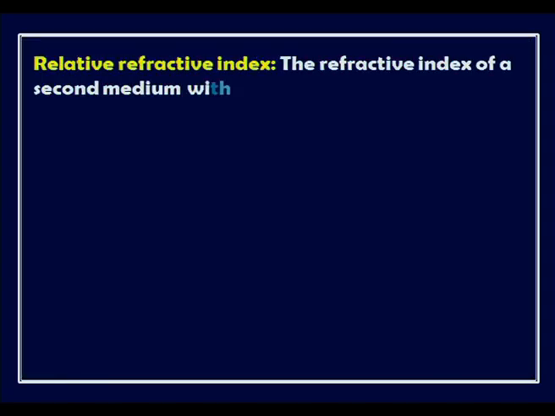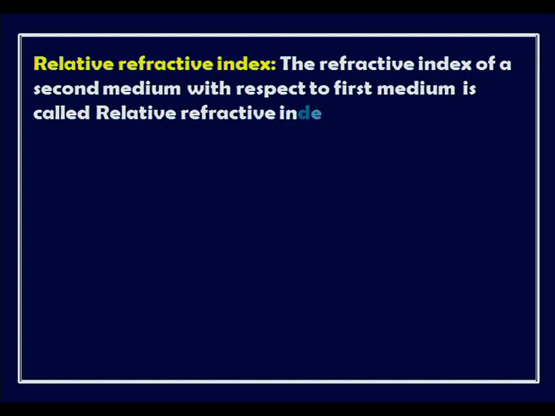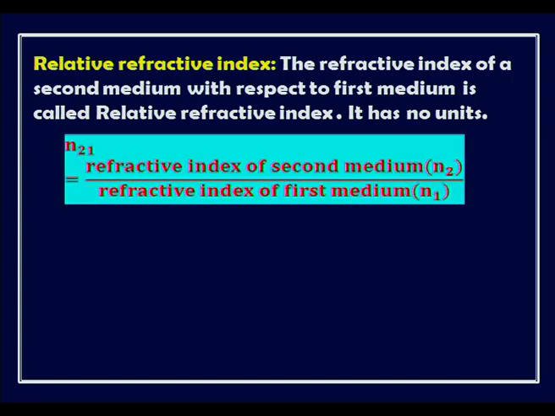Now, we will see relative refractive index. The refractive index of a second medium with respect to the first medium is called relative refractive index. Relative refractive index has no units. Relative refractive index eta 21 is equal to the refractive index of the second medium divided by the refractive index of the first medium.